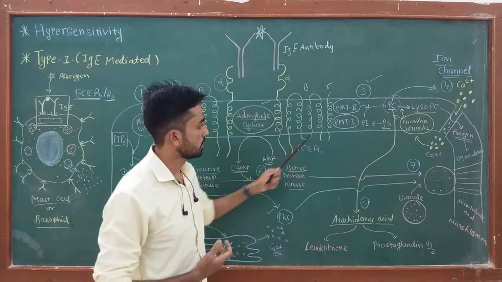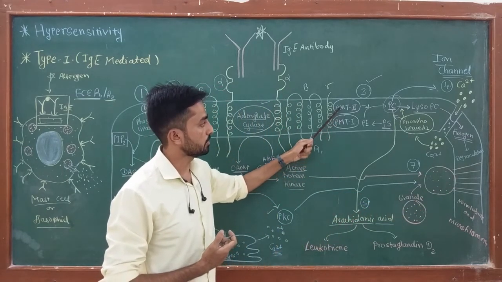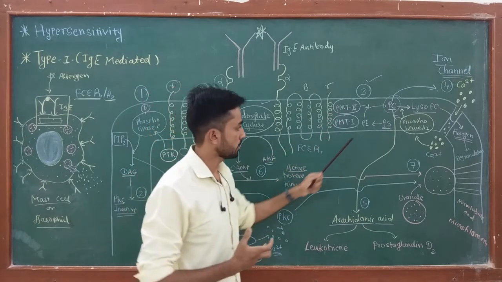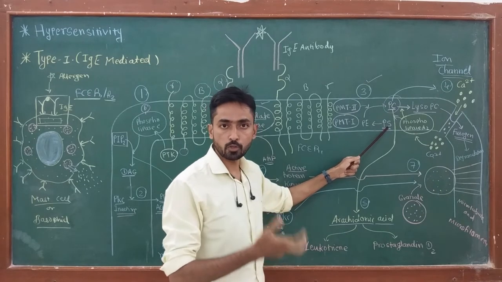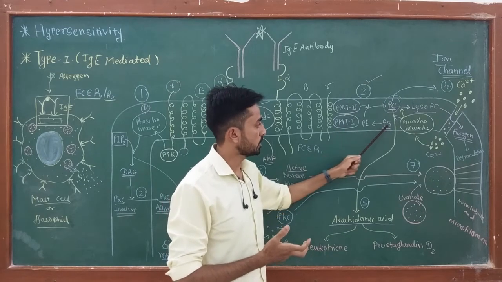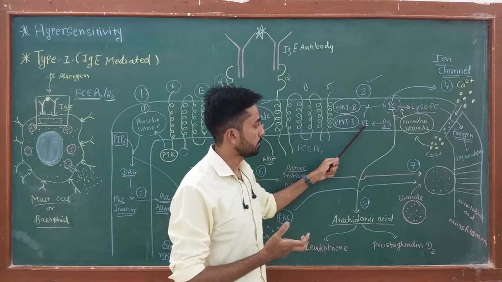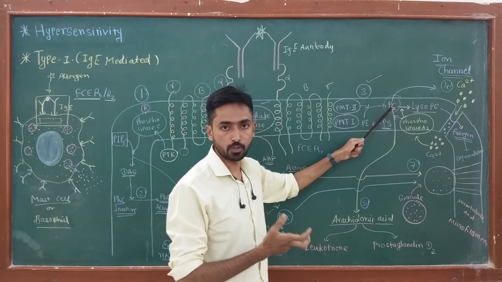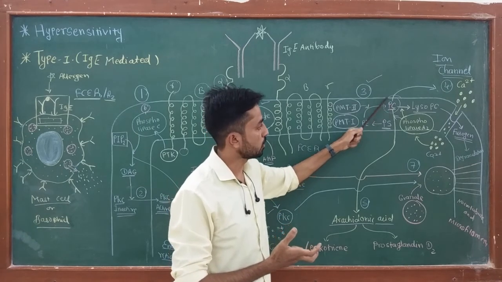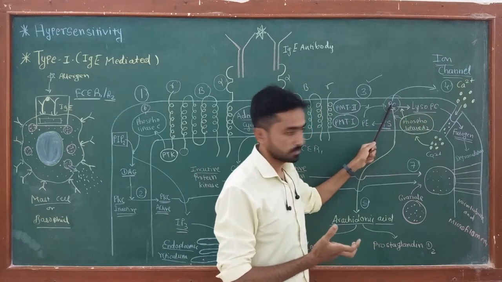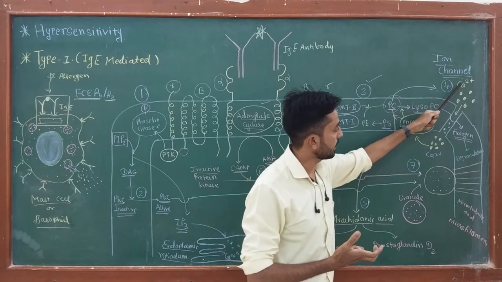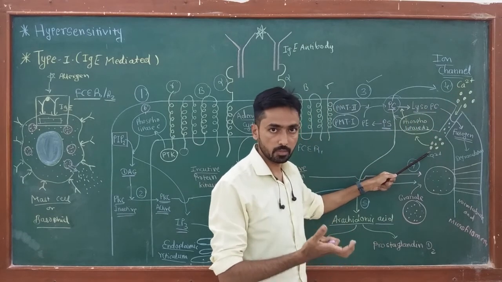The next reaction occurs with the help of two enzymes, PMT1 and PMT2, that is phosphomethyltransferase 1 and 2. The substrate of the enzyme is PS, that is phosphatidylserine. The enzyme converts PS into PE and finally PE to PC by methylation. PC is phosphatidylcholine. This phosphatidylcholine forms an ion channel, through which calcium ions enter the mast cell.